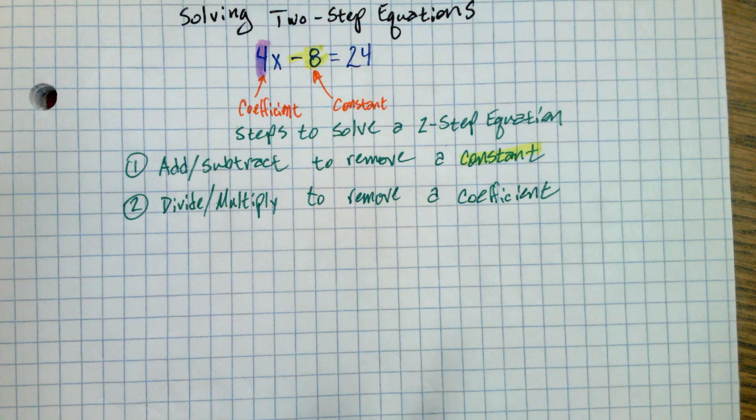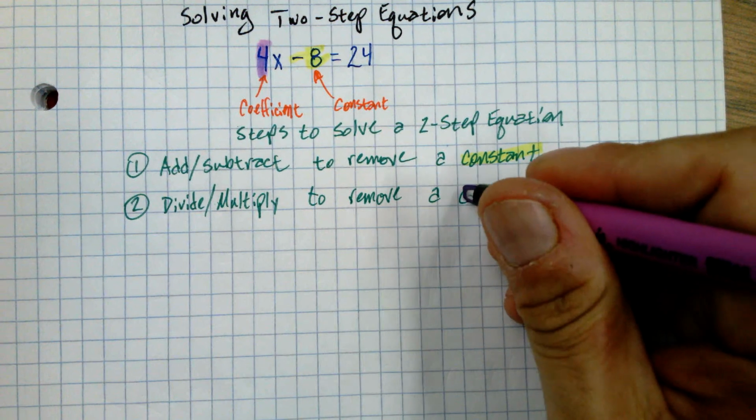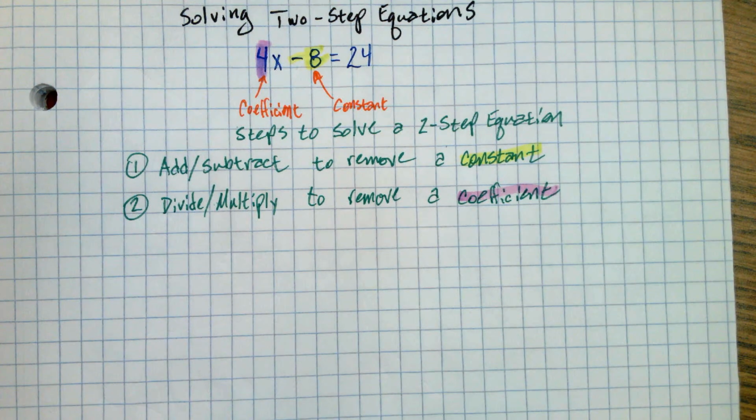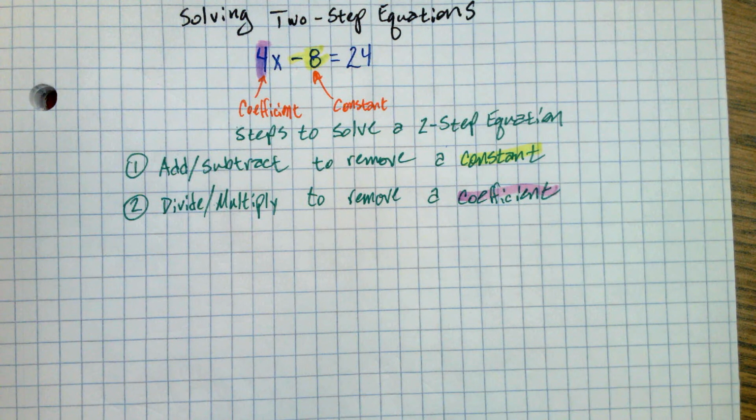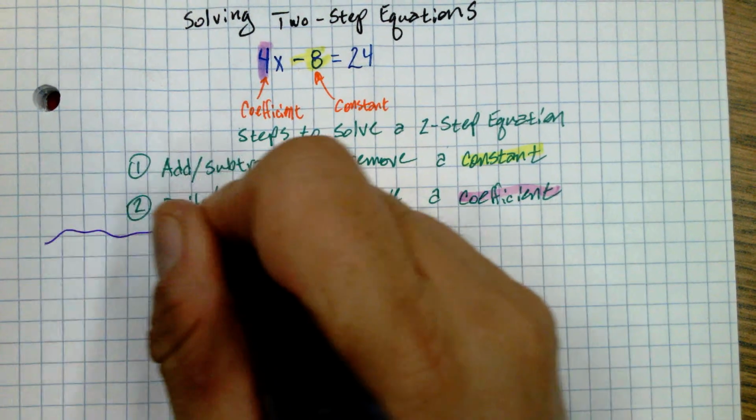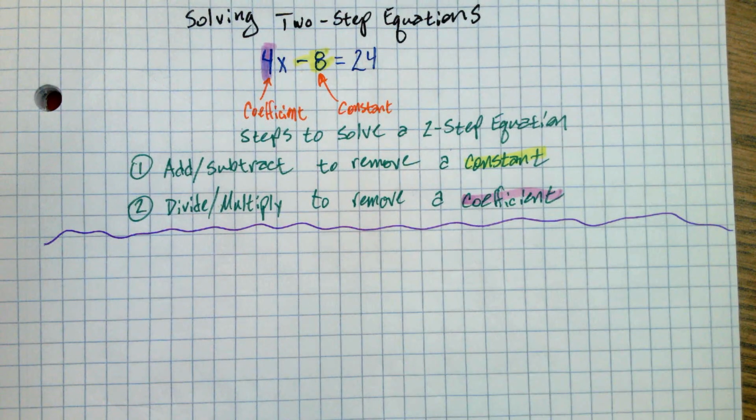Okay, I think we used purple for the coefficient. We sure did. Okay. And that's it. After you've done these two steps with transformations, we should have an answer. So let's get right to it. Let's solve a few two-step equations.